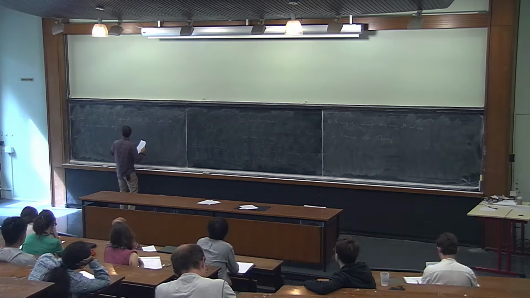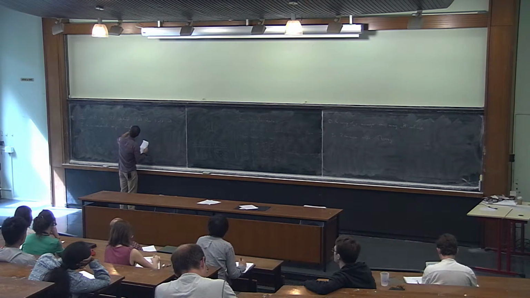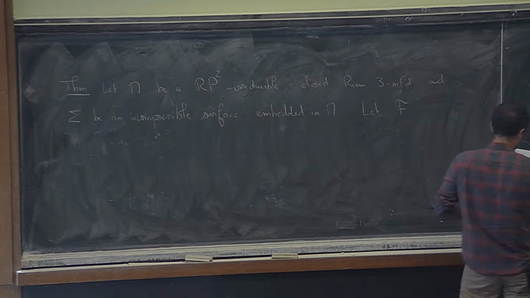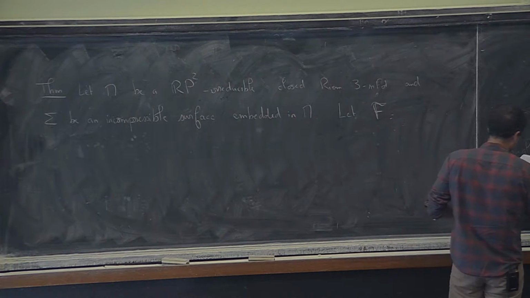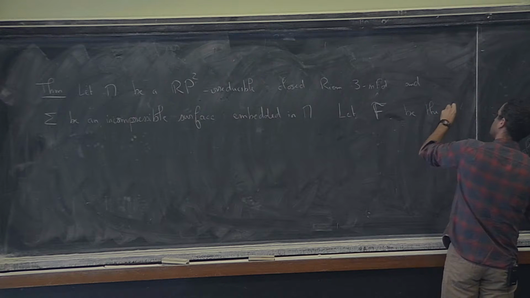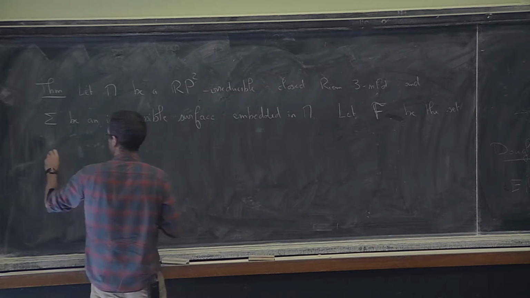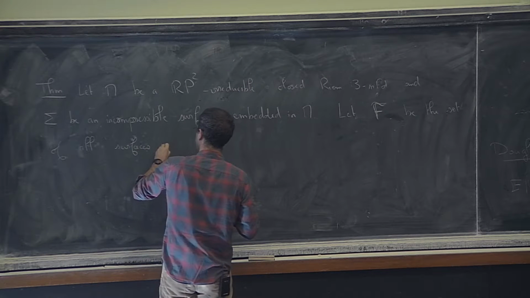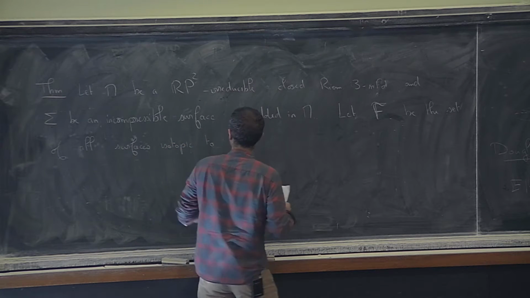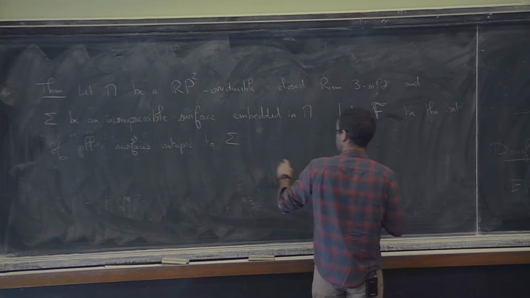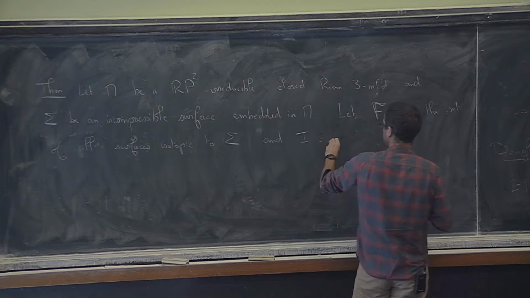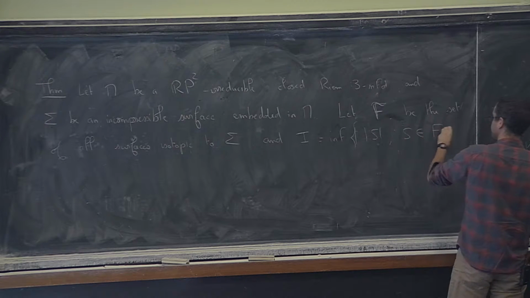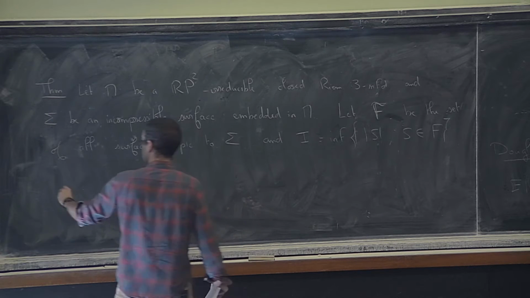Okay, so sigma is an incompressible surface embedded in M, and you let F, as before, be the set of all surfaces isotopic to sigma, and I is the infimum of the area of S for S inside F. So first, I is positive.